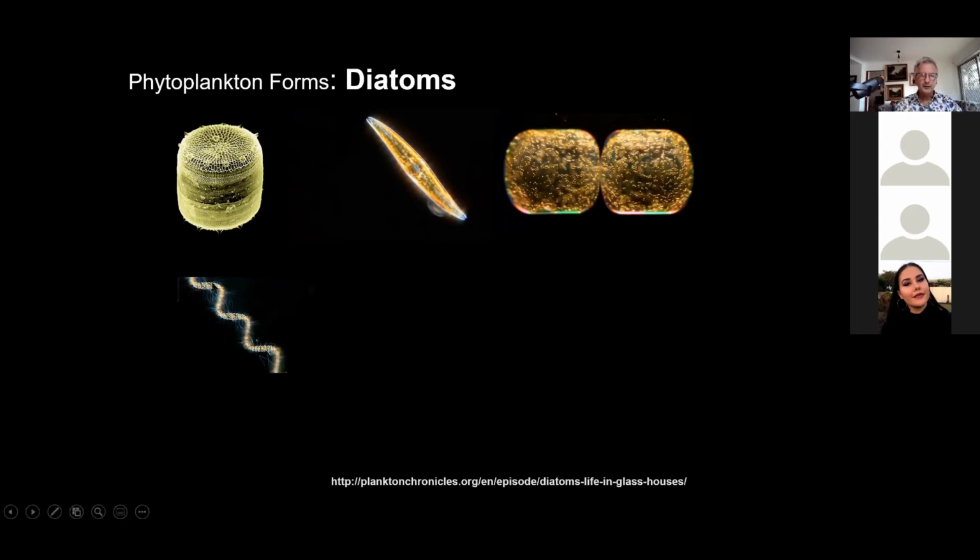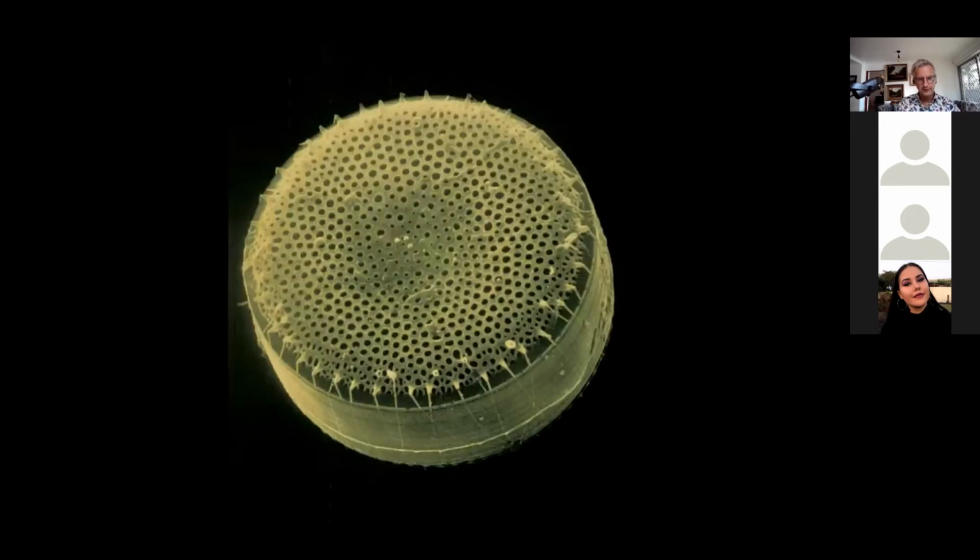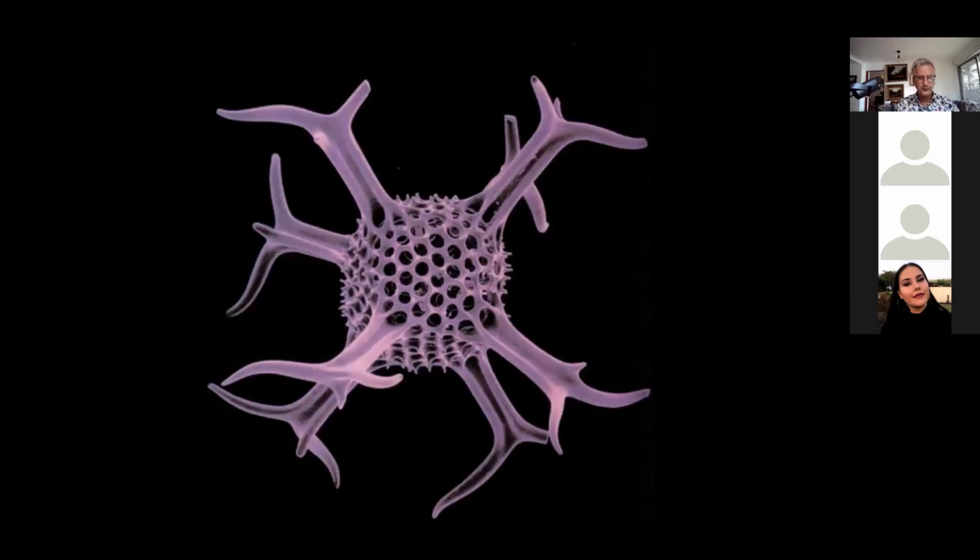Anyways, now diatoms are often the most abundant ones, and they usually have two halves. They fit together like a hat box. They're beautifully structured. Their skeleton is made out of silica, like out of glass.